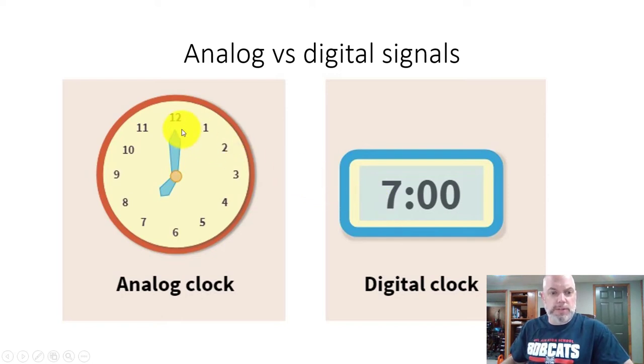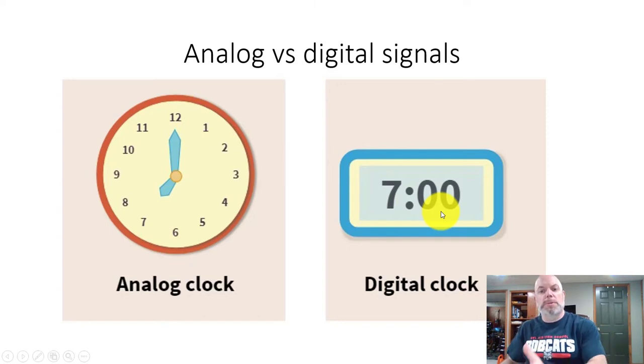If you think about this going around here, the hands on the clock going around on this analog clock, it just keeps changing from one time to another constantly, right? A constant motion of changing the time, where a digital clock, whether we're talking about the minutes or the seconds or tenths of a second, it constantly clicks and it's always one time or the next time, right?